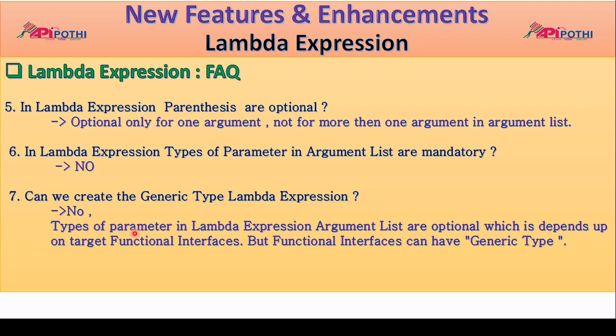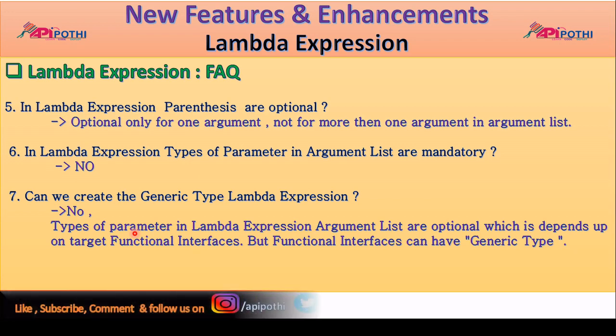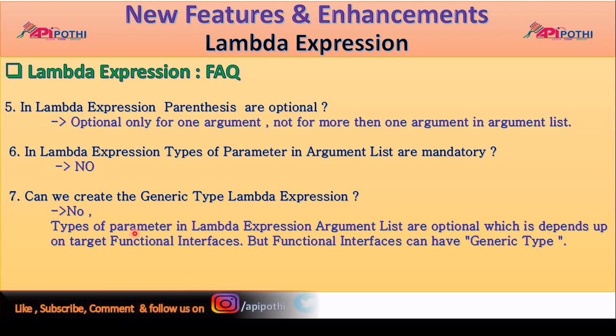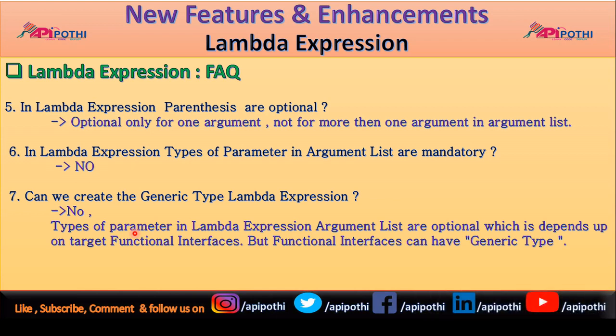But since a lambda expression is talking about the functional interface, and the functional interface has one unimplemented method, which can contain from 0 parameters to n parameters, your functional interface can accept generics, and the lambda expression is also able to handle the generics. So the generic concept comes through the interface area, not from the lambda expression area.